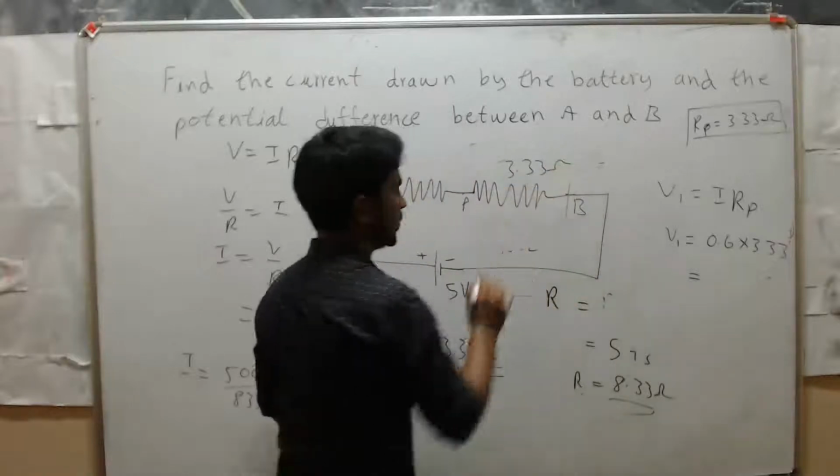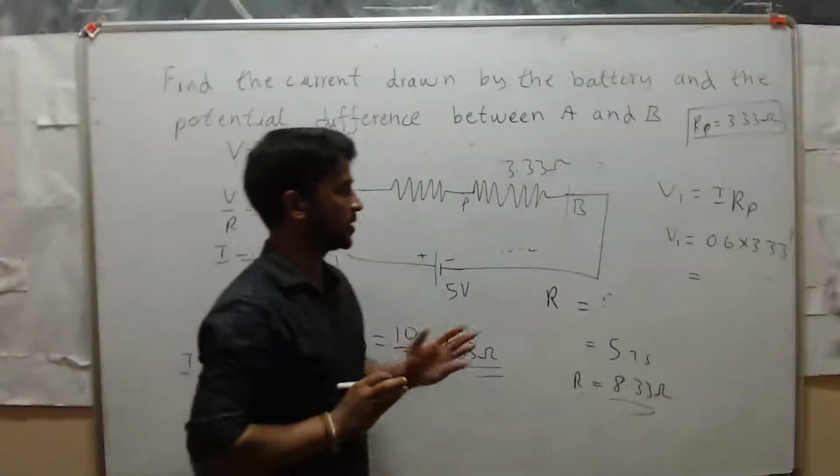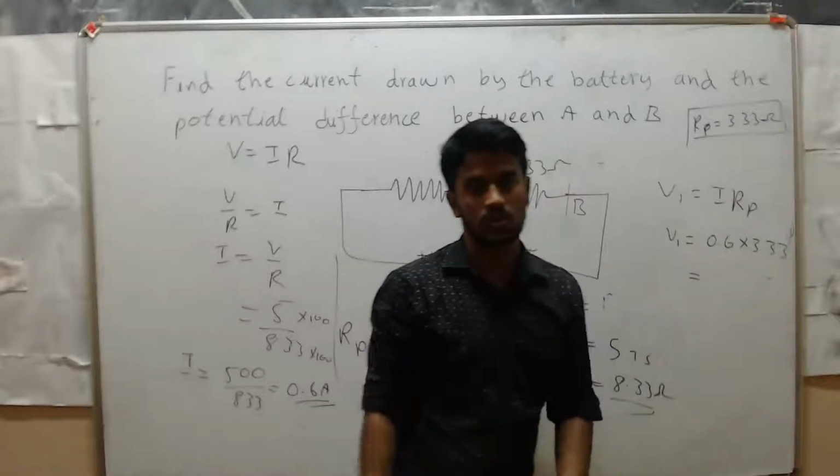3.33 ohm. So now we can calculate the voltage across A and B. That is, multiply 0.6 into 3.33.